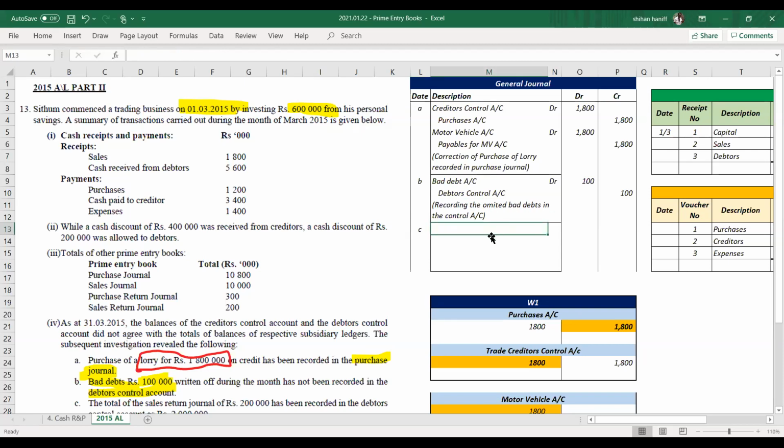Now I have another question. Let's say a transaction is omitted in the individual account. Let's say this bad debt is omitted in the individual account. So my question is, do you adjust it in the general journal? Yes or no?